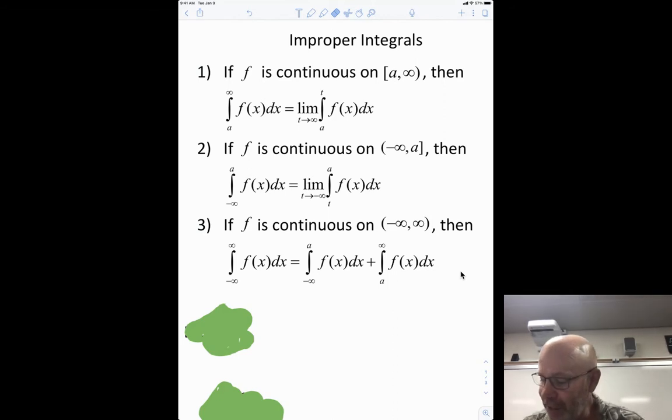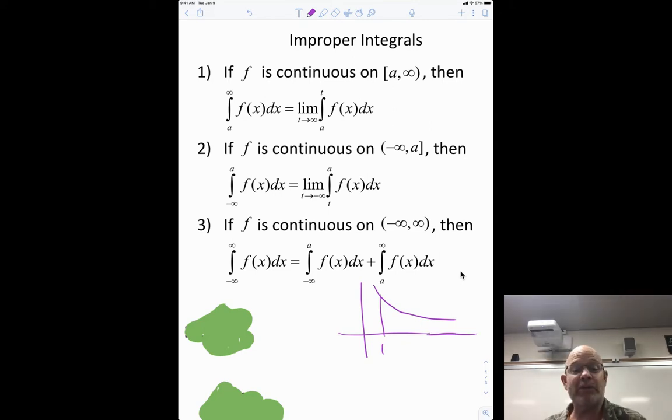And what we're doing is this. Let me draw you a quick little picture. If we're integrating this curve, let's call it f, from 1 to infinity, remember that the integral is just area under the curve. We're finding this area. It is possible that the area could be infinite.